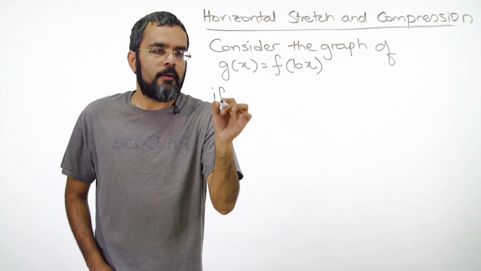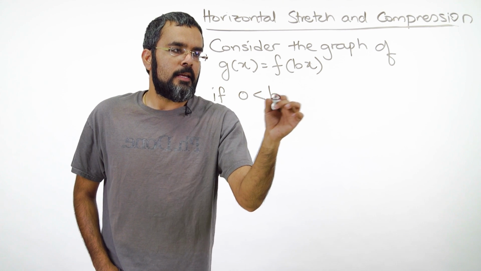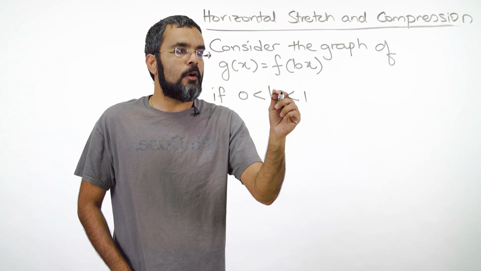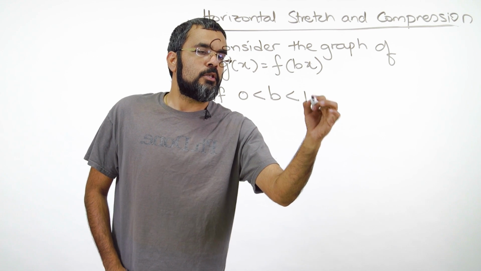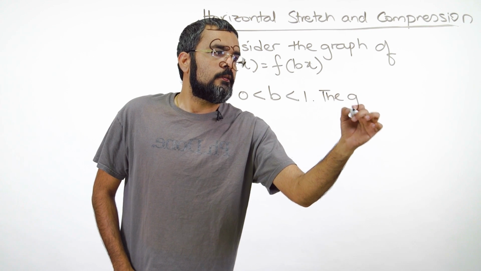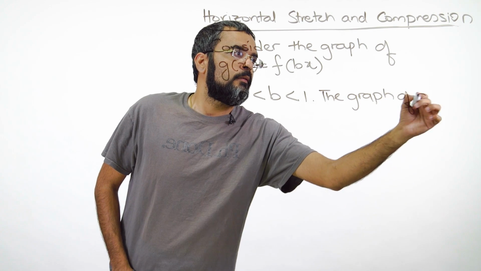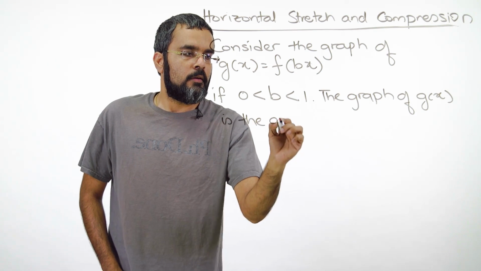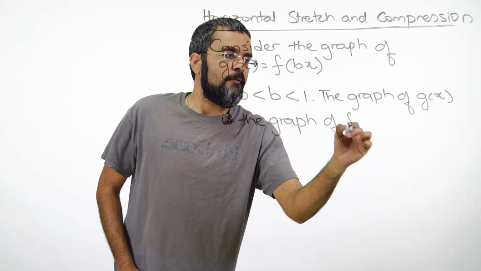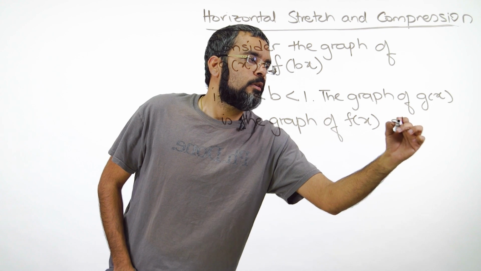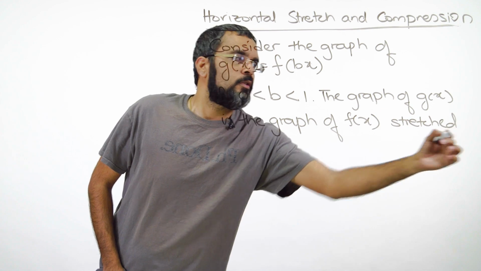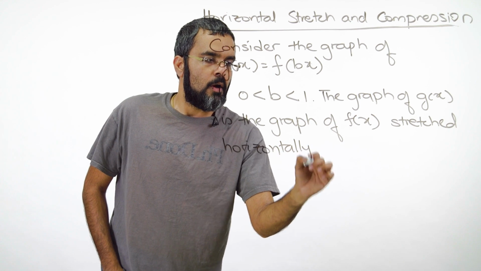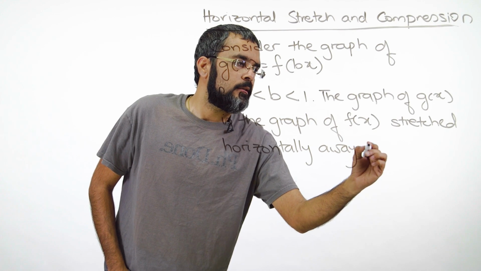Now, if 0 is less than b less than 1, we saw here that as you make that b smaller, what happens is your function is actually getting stretched, right? So the graph of g of x is the graph of f of x stretched horizontally away from the y-axis.